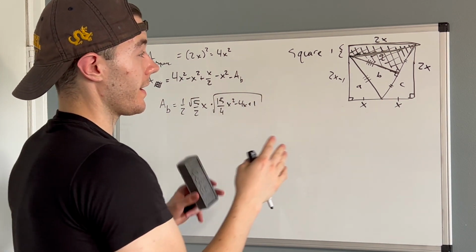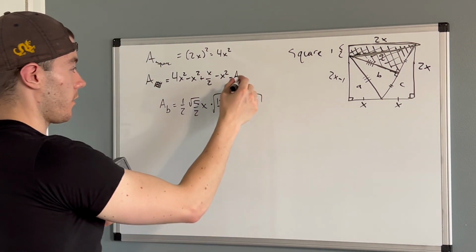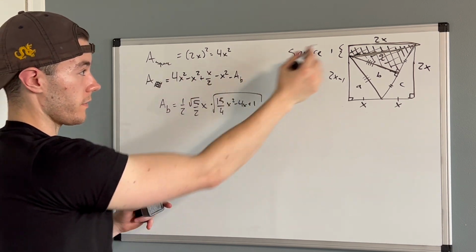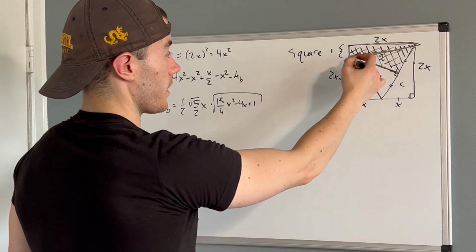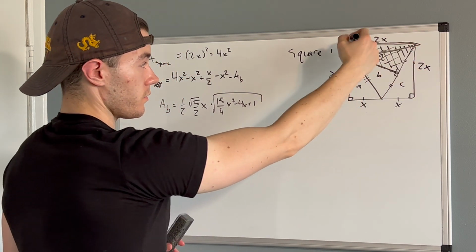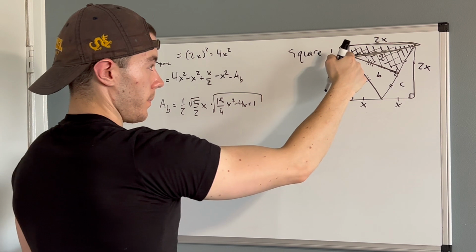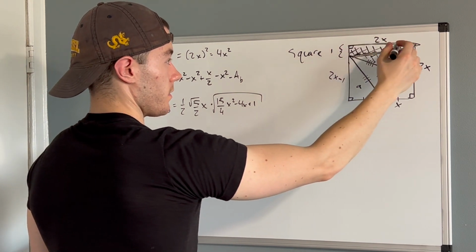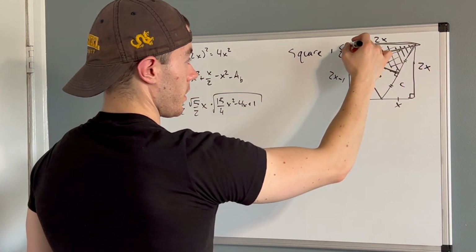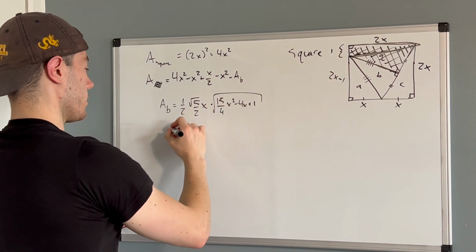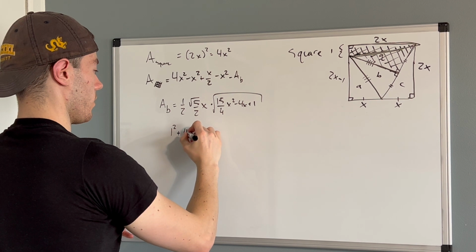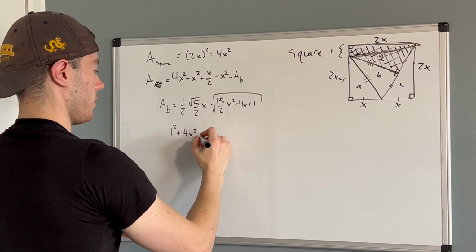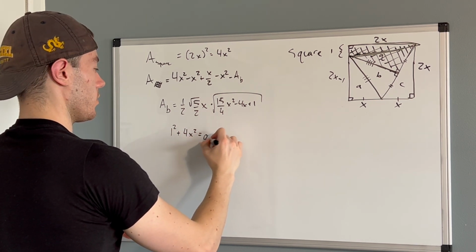So we gotta find x now. We have all the components to solve for the area, but we need to figure out what x is. And the way we can do that is by splitting the area into two triangles. Pythagorean theorem: this is a right triangle here. 1 squared plus 2x squared, which is 4x squared, equals q squared.